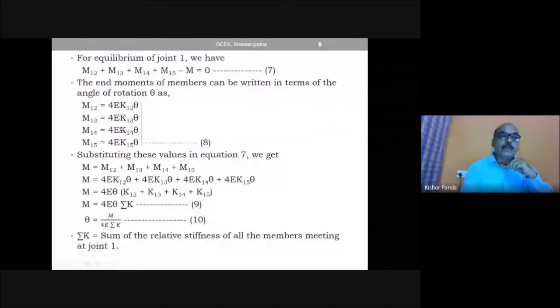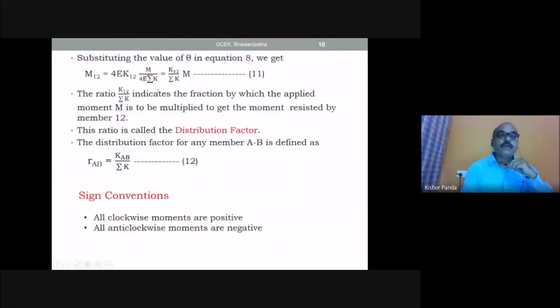So after putting this, M12 is equal to 4E K12 into M by 4E summation of K. So here you see, this 4E and 4E cancel each other. The remaining equation: M12 is equal to K12 divided by summation of K into M.